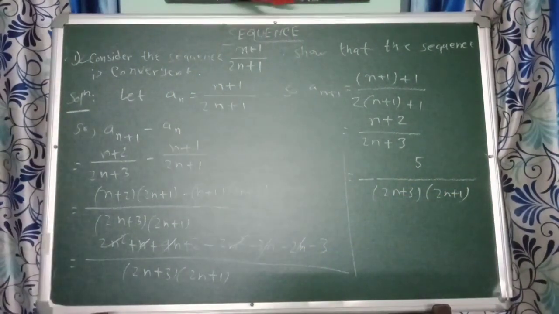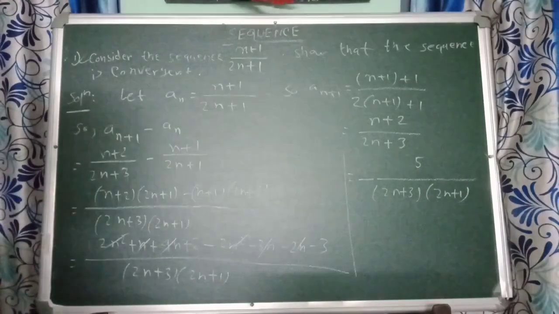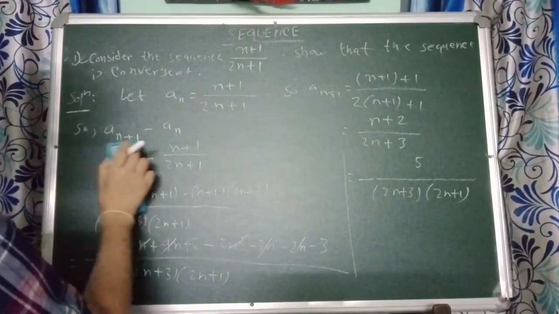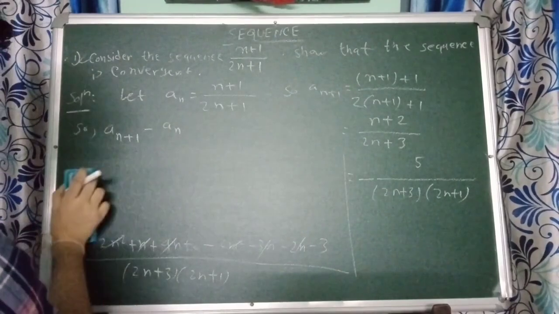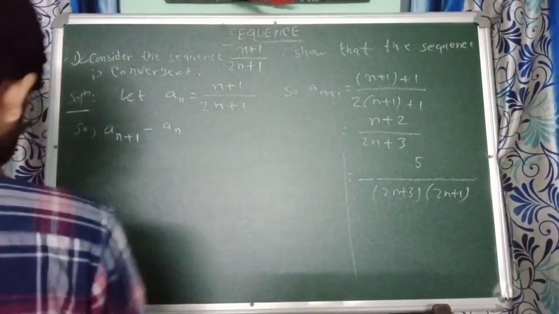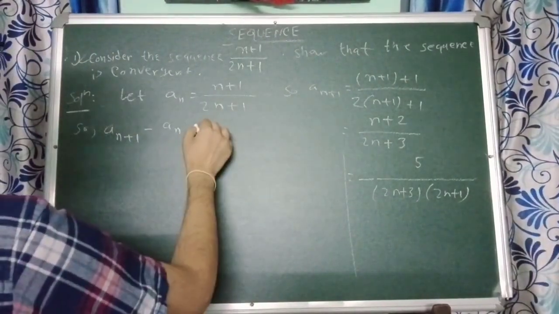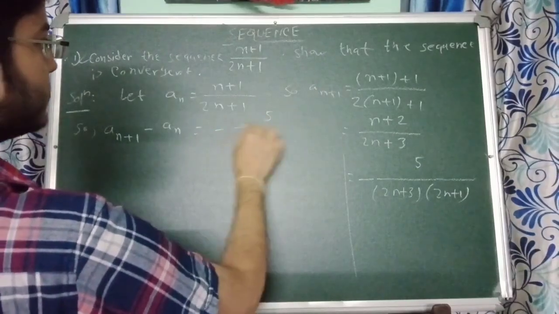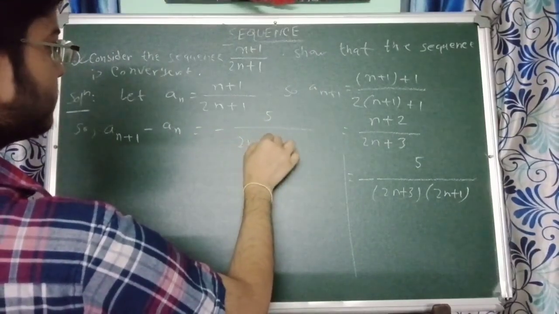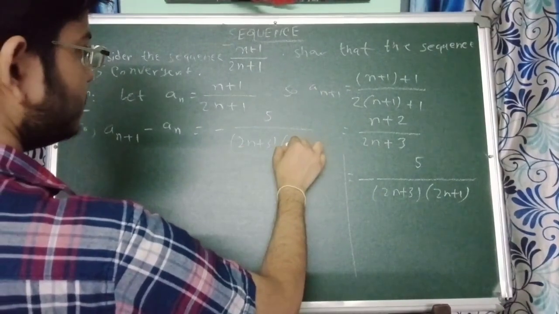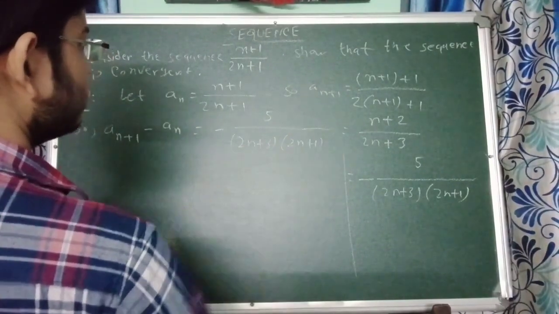This is the final expression. So a_{n+1} minus a_n equals minus 5 divided by (2n+3) into (2n+1).